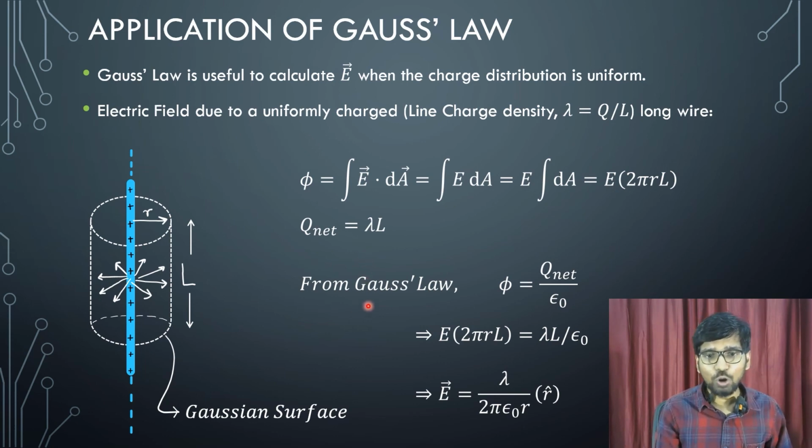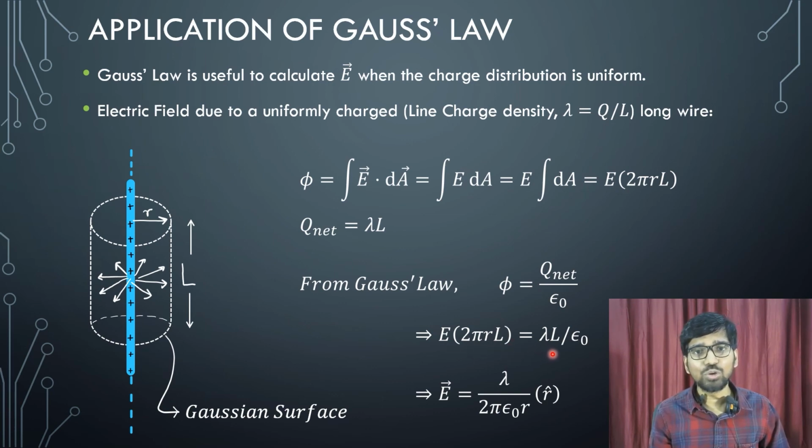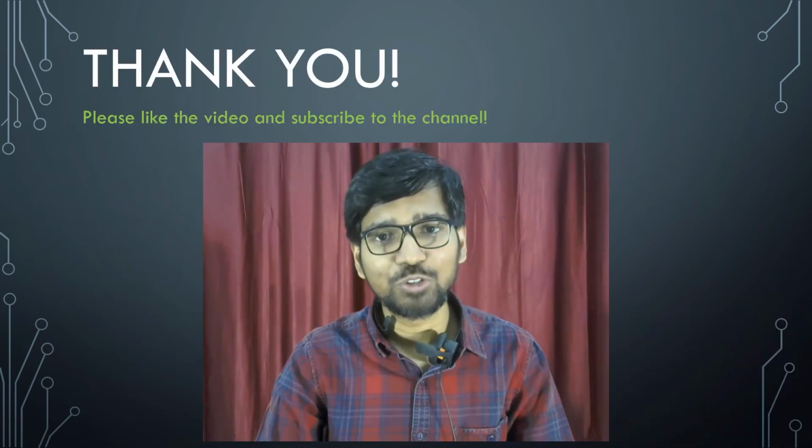From Gauss law, we know that the net outward flux leaving a Gaussian surface is equal to net charge within that surface divided by epsilon naught, where epsilon naught is the permittivity of free space. So we will have E into 2 pi RL is equal to lambda L divided by epsilon naught. And finally, the expression for the electric field will come out to be lambda divided by 2 pi epsilon naught R, in the R cap direction. This concludes the topic for this video.